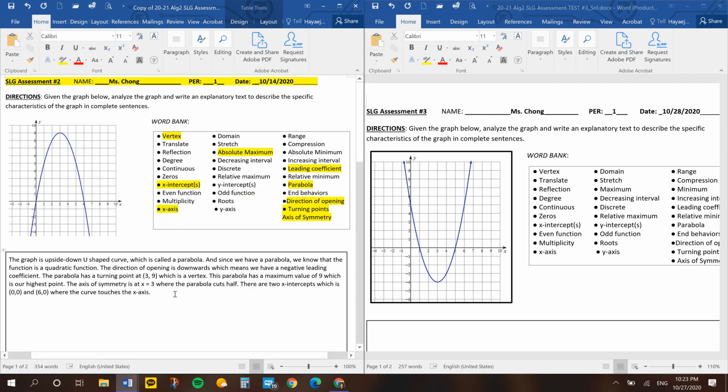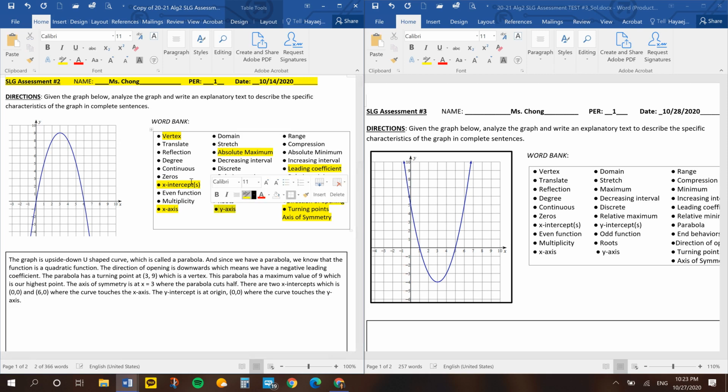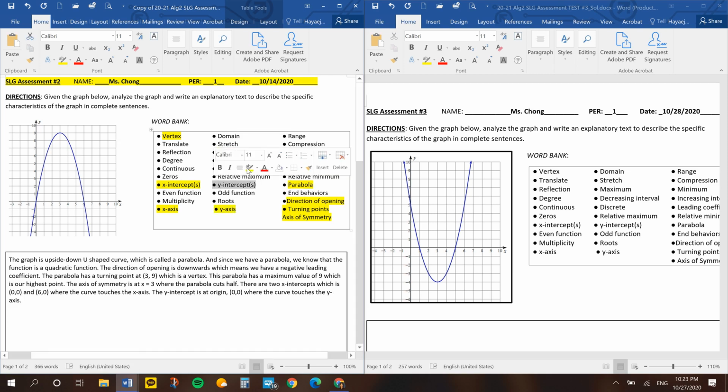We can talk about y-intercept. The y-intercept is at the origin, where the curve touches the y-axis. I use the y-intercept. The y-intercept is right here, guys, where the curve touches the y-axis.